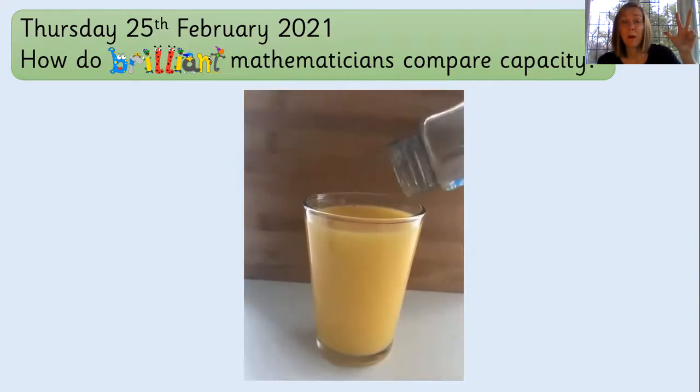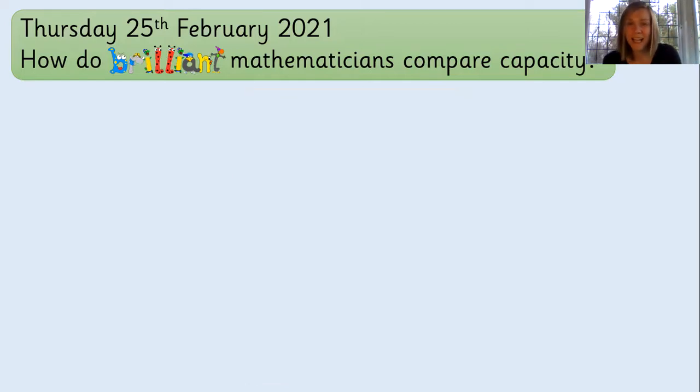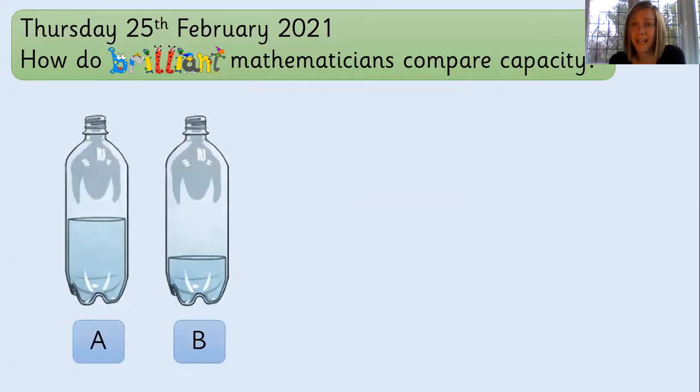And now I've used up all my orange juice. My container is full. So can you remember those 4 words we looked at yesterday? Empty, nearly full, and full.